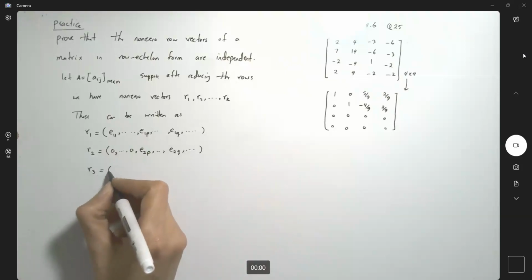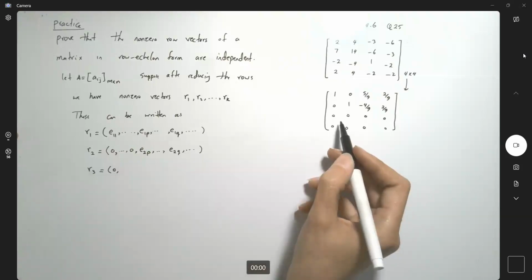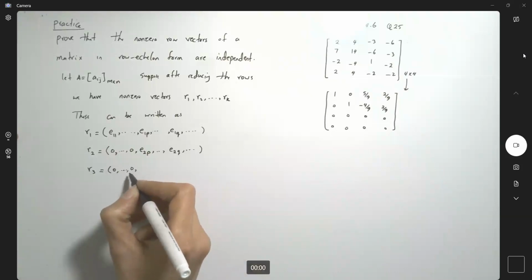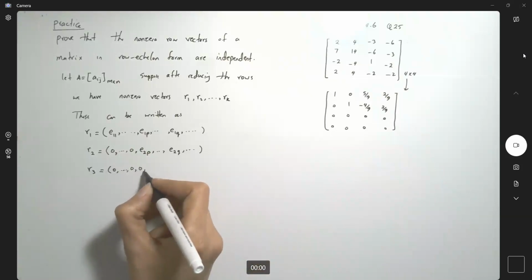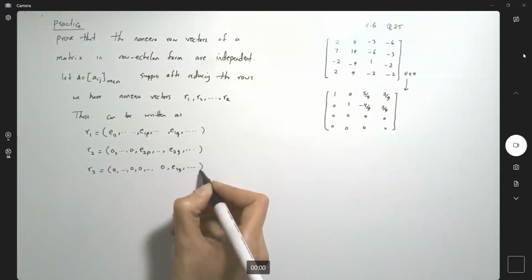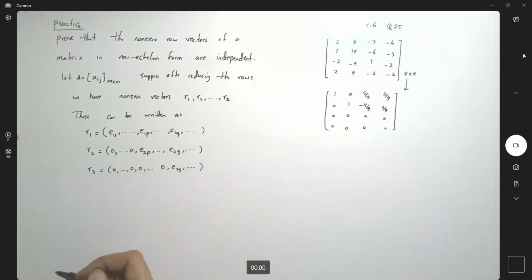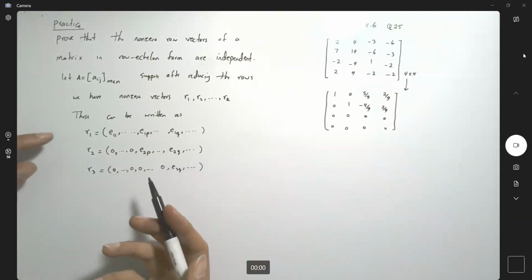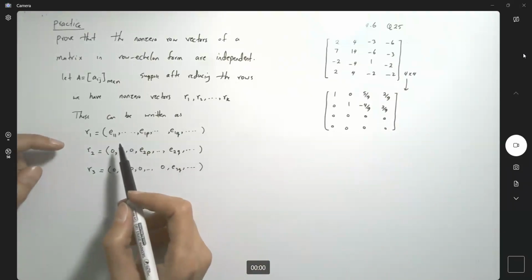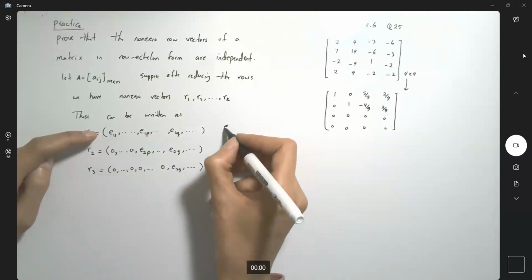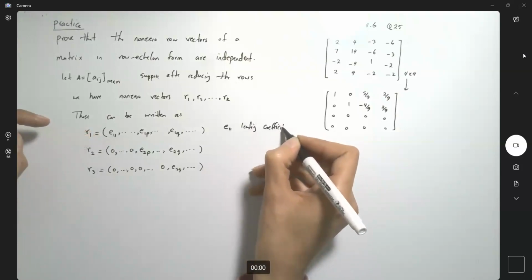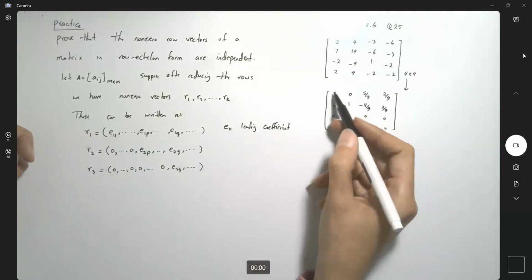R sub 3 can be written as 0 with some more zeros. You don't know how many zeros you have, so we're just writing zeros, and then E3Q, and the rest of the entries. Let's continue the process. What's happening here? We are denoting the leading coefficients. E11 is the leading coefficient of the first vector, which in this case is just 1.